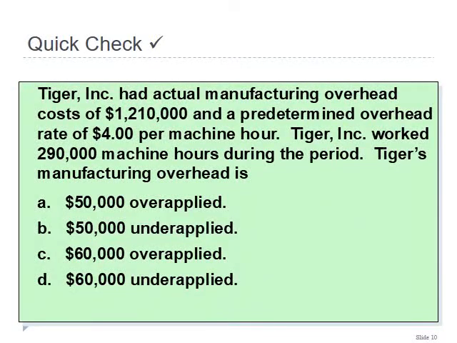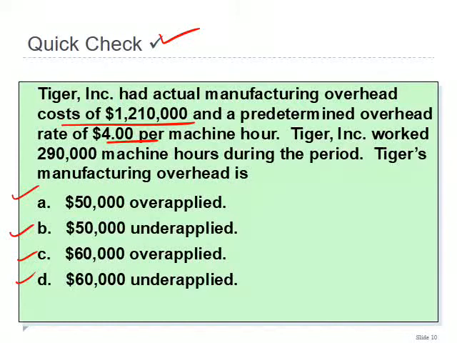Before that we have a very quick check, and I'm just going to give you 5 minutes to solve this one and try to find out which is the relevant option here. Tiger Incorporation had actual manufacturing overhead of 1,210,000, a predetermined overhead rate of 4 per machine hour.